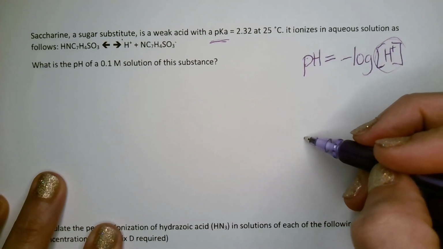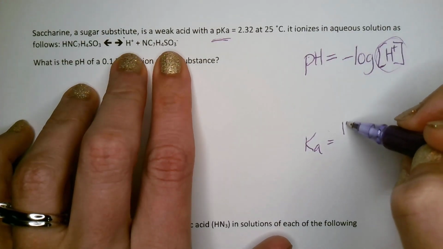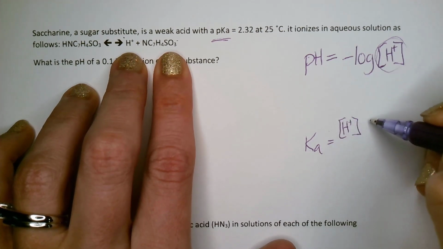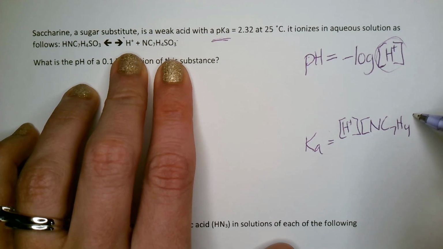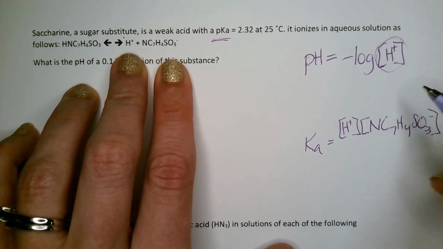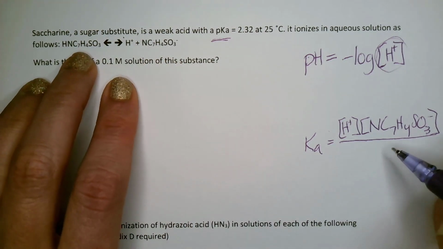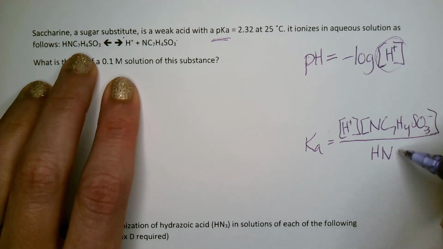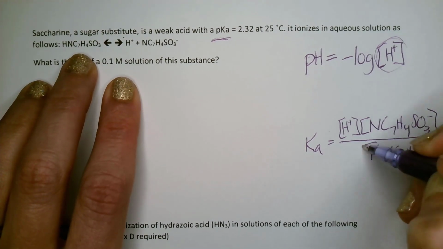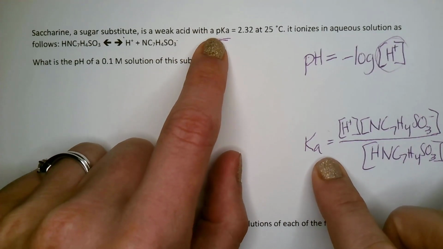And remember that Ka, in this case, would be our products, our H+ concentration times the NC7H4SO3 minus, our dissociated ions, over our molecular acid concentration, HNC7H4SO3. We need the Ka, and we're given the pKa.